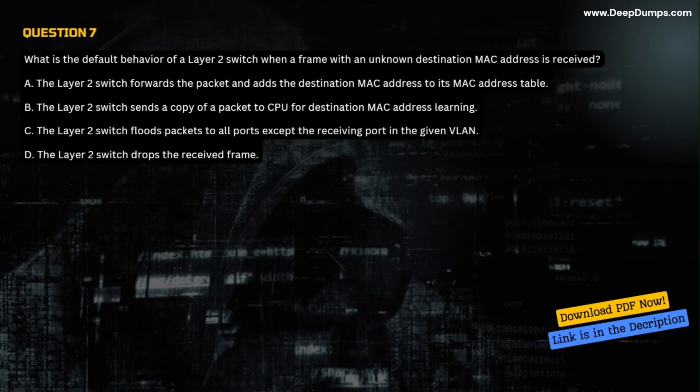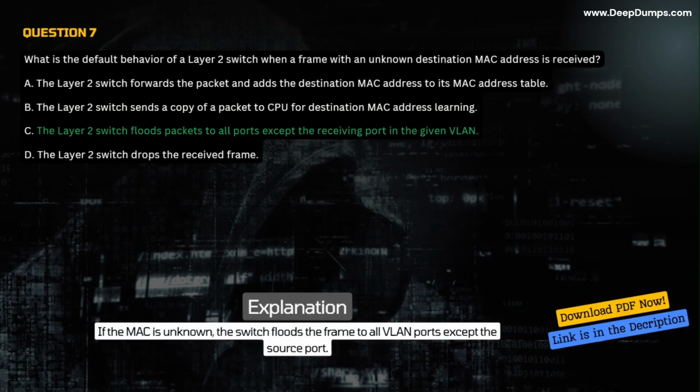C. The Layer 2 switch floods packets to all ports except the receiving port in the given VLAN. D. The Layer 2 switch drops the received frame. Correct answer, C. The Layer 2 switch floods packets to all ports except the receiving port in the given VLAN. Explanation. If the MAC is unknown, the switch floods the frame to all VLAN ports except the source port.